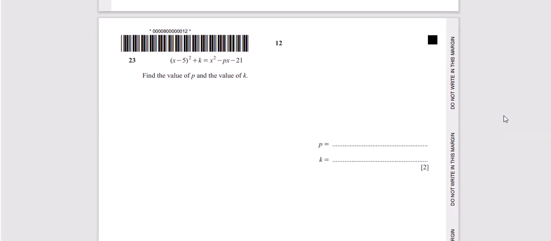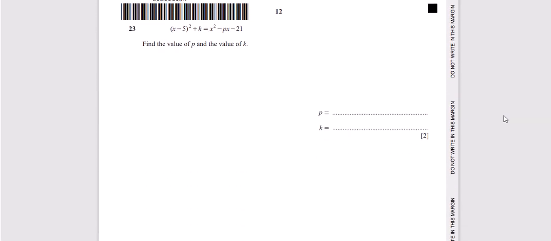Question number 3. This is our last question of this paper. (x − 5)² + k is equal to x² − px − 21. Find the values of p and k.